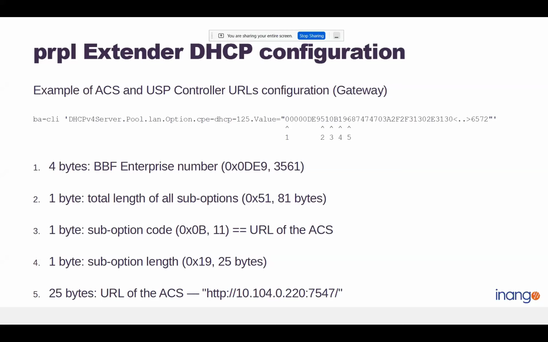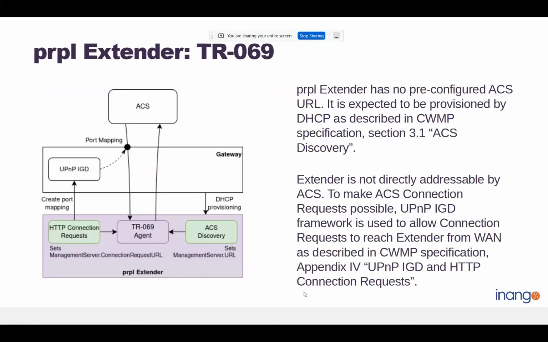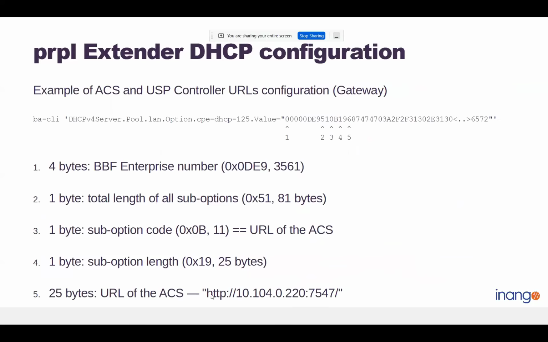So one needs to build this string manually. And this is an example of how this ACS URL is encoded in this value.